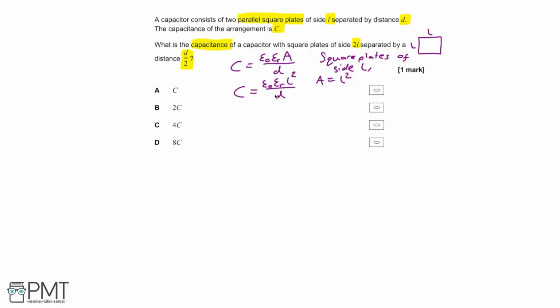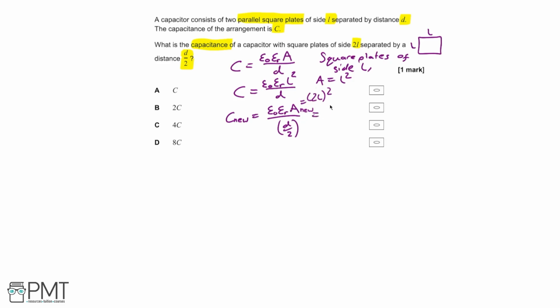Anyway, with this in hand, we can now calculate the new capacitance, C new. So using the same equation as before, we have epsilon naught epsilon r multiplied by A divided by the new distance, D divided by 2. Now, we know that A new is equal to 2L squared, because this is still a square set of plates.